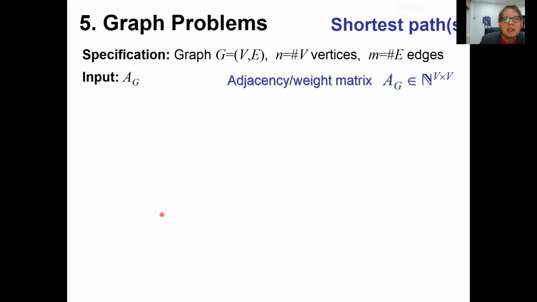Let me emphasize that it's also not a reasonable computational problem to ask for the shortest path, because in general, there may be several shortest paths that all have the same length. So the more important question, the well-defined question, is for the shortest length. The length is unique. The path attaining that length is in general not unique.